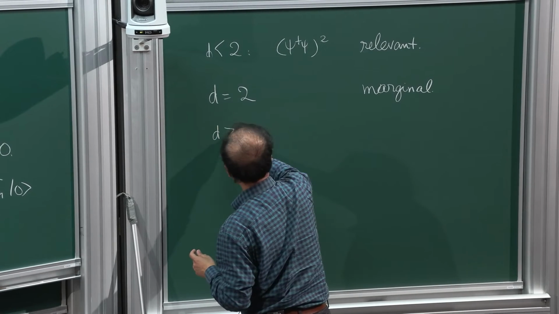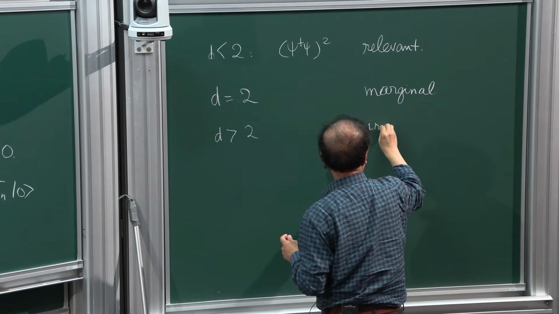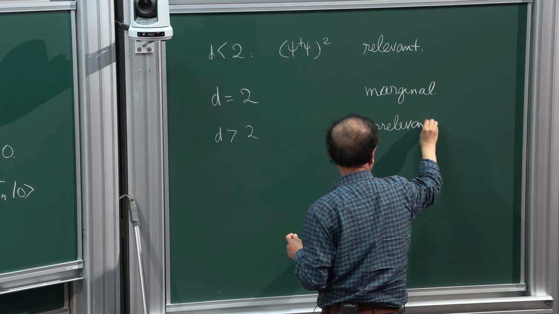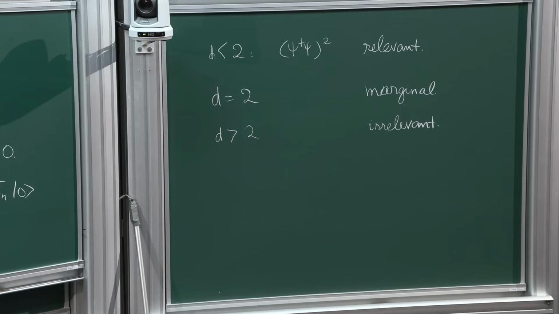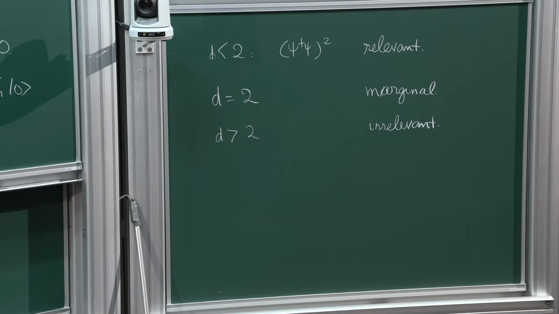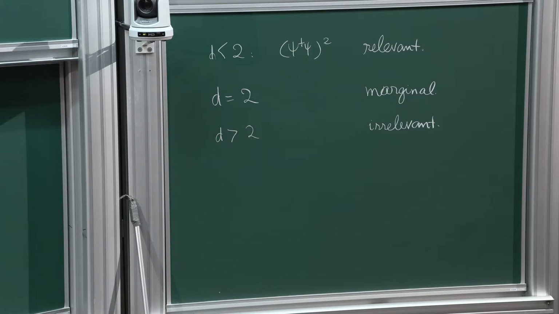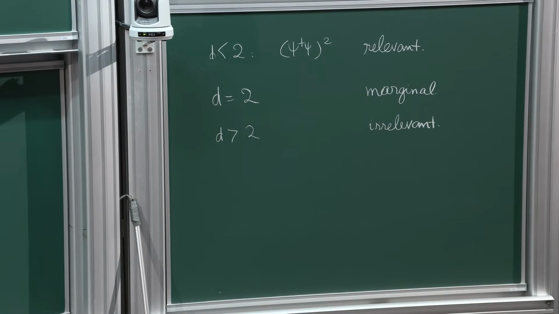And if d is larger than 2, this term is irrelevant. We will be mostly interested in the case of d equal to 3. But for a moment, let's consider the case that seems to be more interesting here, the case of d equal to 2, when the interaction is marginal. And ask what happens when we have particles interacting with a point-like interaction, this psi to the 4th term, in 2 plus 1 dimensions.